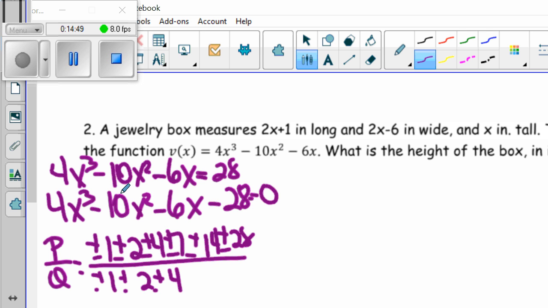So all my possibles, let's see, I've got everything on top divided by 1. Everything on top divided by 2. So I've got positive negative 1/2, positive negative 7/2. Okay, and then everything on top divided by 4. So positive negative 1/4, positive negative 7/4. And that is going to be it. Okay, so these are my possibles.